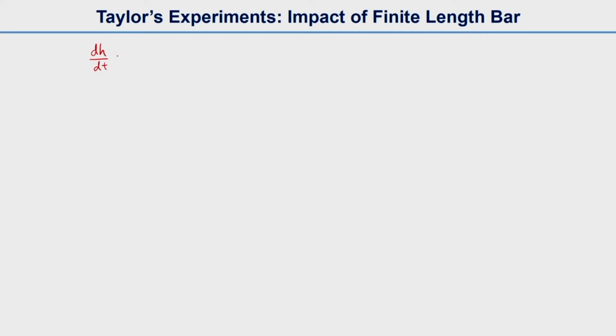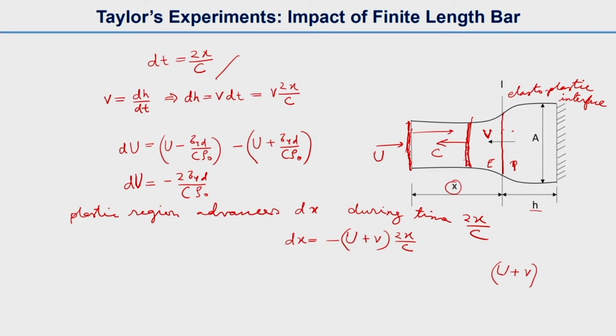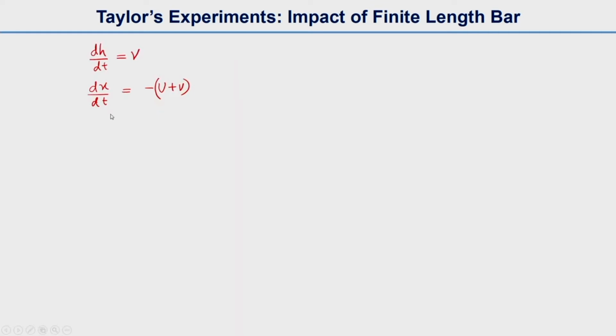So dh by dt equals v, which is the plastic wave propagation velocity, the definition, and then dx by dt, which we just found, u plus v. This is nothing but this relation. And then we have du by dt, which will be equal to sigma yd by rho naught x. How did we get this relation?